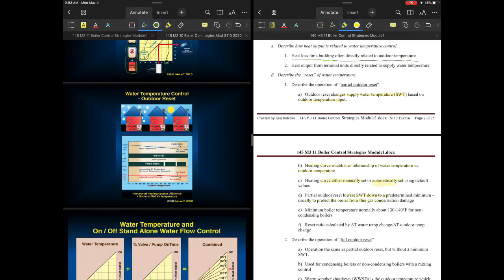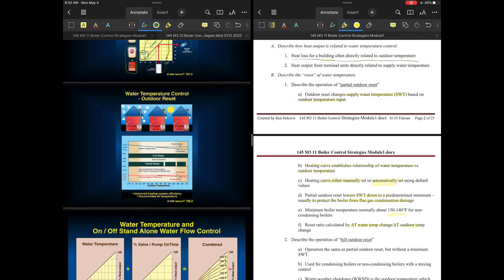They will automatically figure out those high and low points as a default. That's what that means. So the partial outdoor reset will lower that supply water temp down to a predetermined minimum that you have to determine. The whole reason is this: flue gas damage. So we do not want to have that issue.